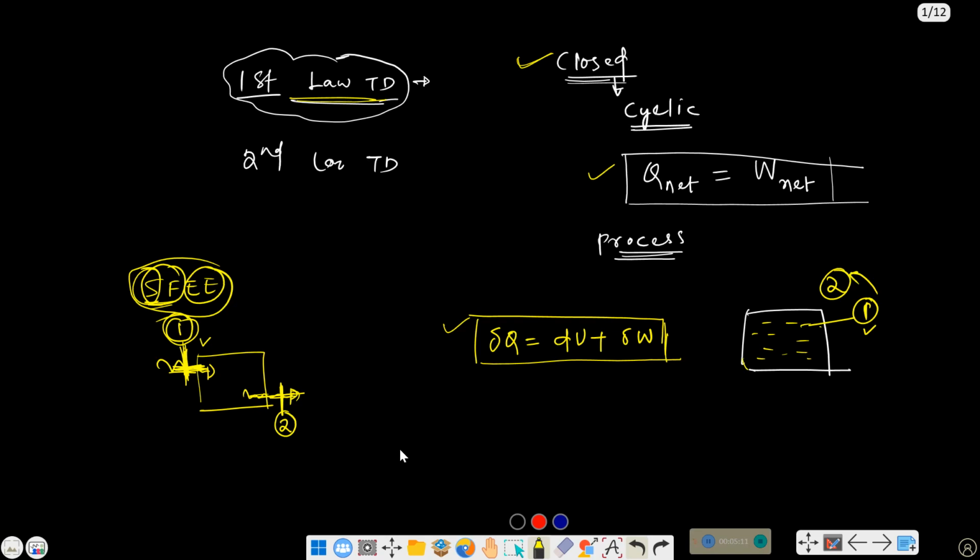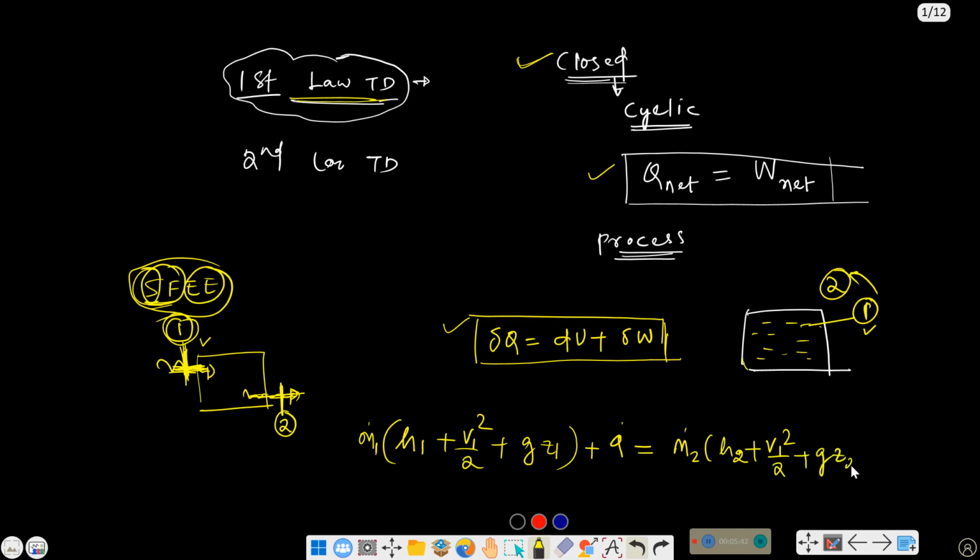So we can write it like this: m dot times (h1 plus V1 squared by 2 plus g z1), where m dot is the mass flow rate at the inlet section, plus Q dot, will be equal to m dot times (h2 plus V2 squared by 2 plus g z2) plus W dot.